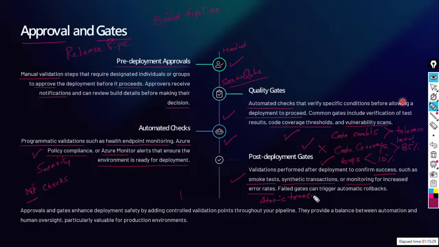There will be some mock atomic transactions, like in banking, where you are debiting your account and crediting somebody's account. If one of them succeeds and the other fails, will you say that the process is 100%?